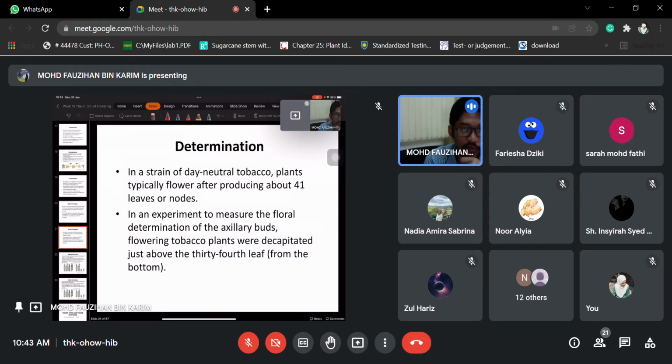In an experiment to measure the floral determination of the axillary buds, flowering tobacco plants were decapitated just above the 34th leaf. We want to know at which leaf number the shoot has become determined to flower, so that even if we cut it, it will still flower. So the first experiment was done at the 34th leaf.